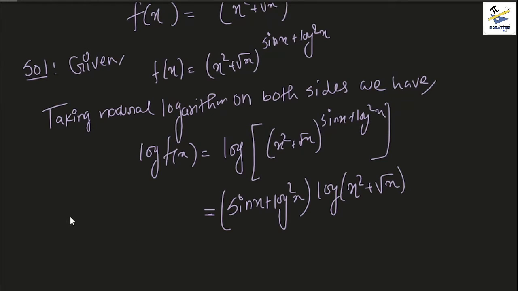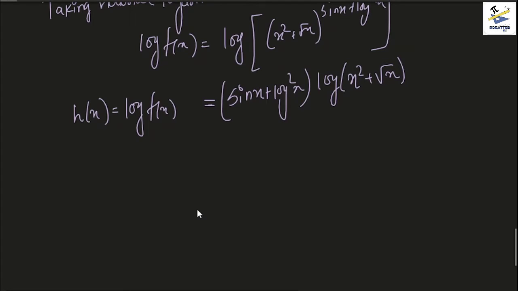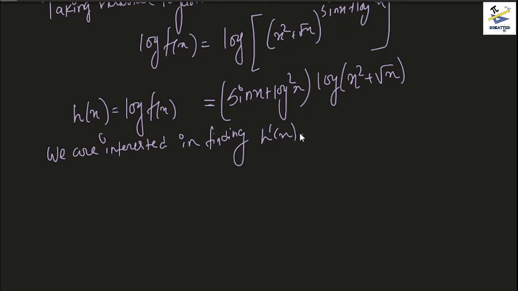So let us say this is something like h of x equals log of f(x) equals this. Okay, so we are rather interested right now in finding the derivative of h(x). So we are interested in finding h prime of x.